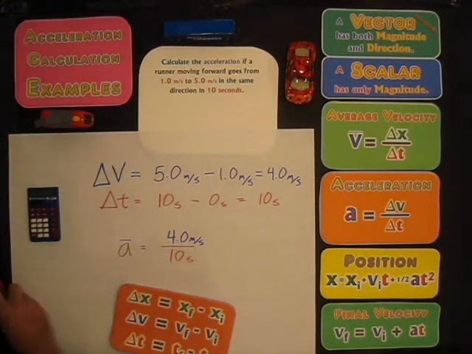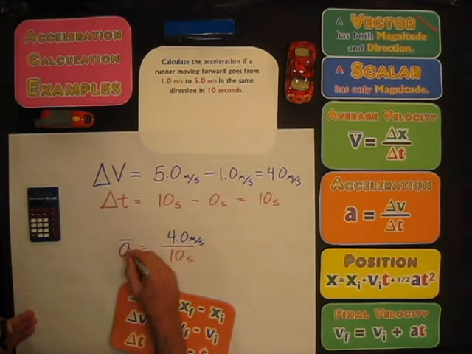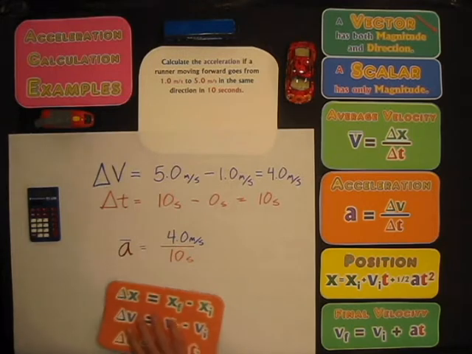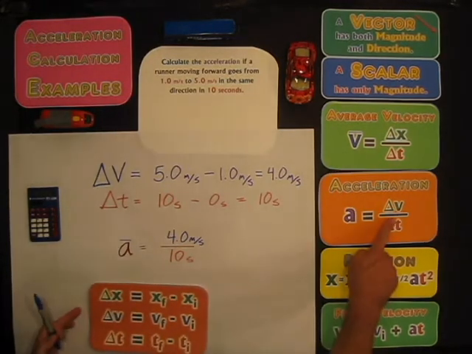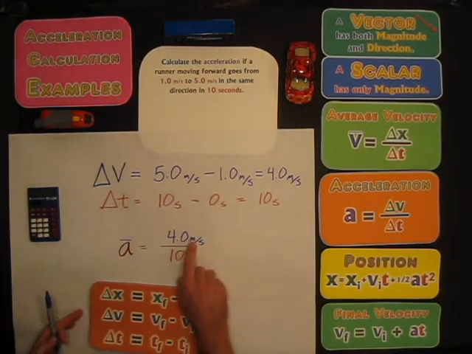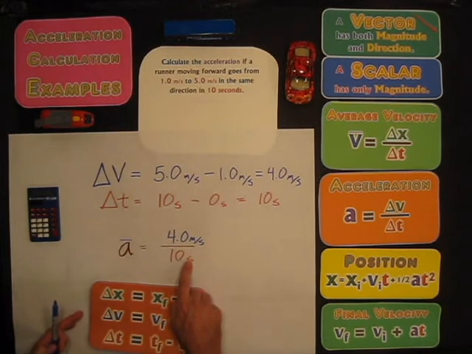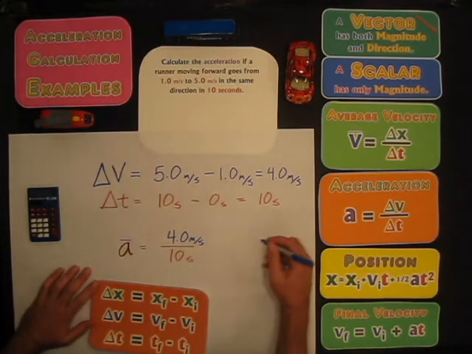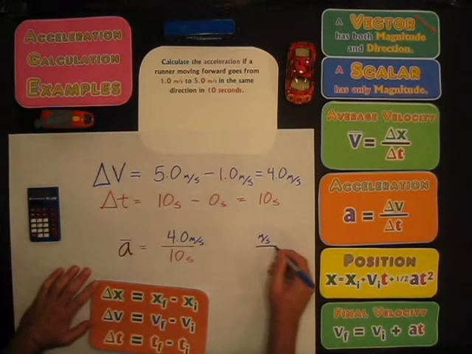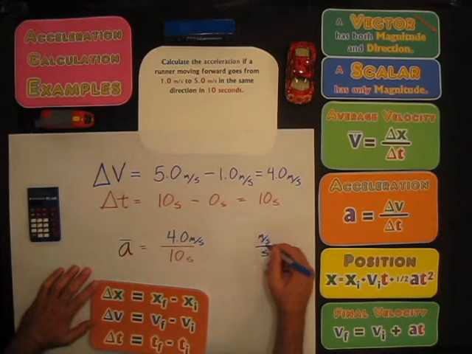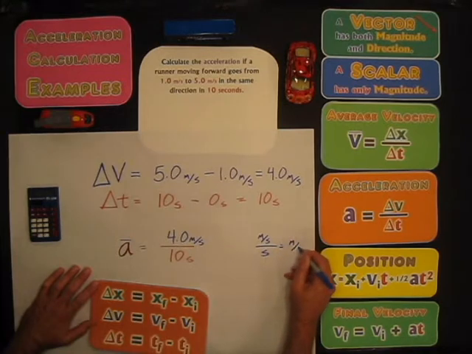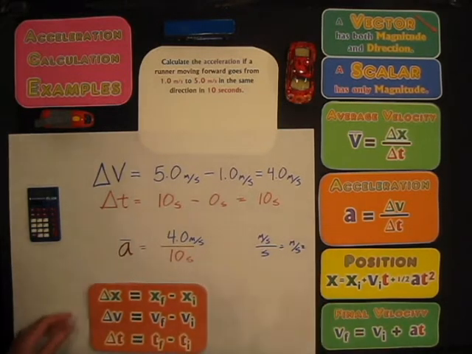So you might wonder why acceleration has the units that it has. Well, look at how we get it. We're dividing a velocity, meters per second, by seconds. So you might say it's meters per second over seconds. But then this is in the denominator just as much as this is, so that equals meters per second squared. That's how we wind up with that unit.